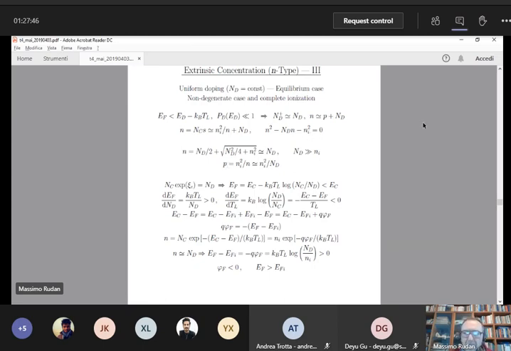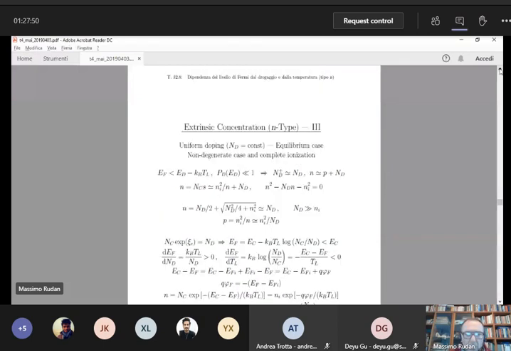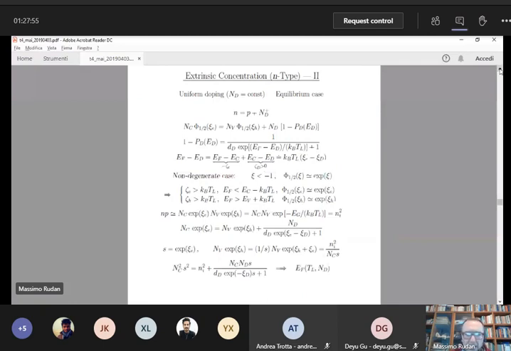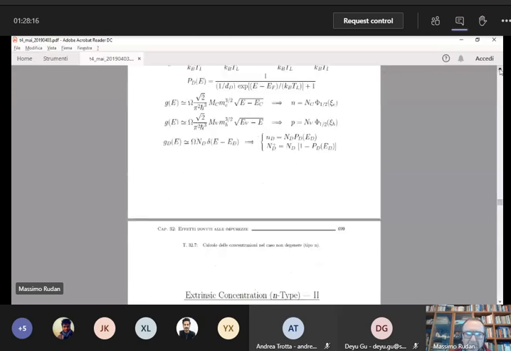One question: what happens if we change the temperature, or what happens if we change the concentration of the dopants? Okay, we are still in the case of the donor type material.